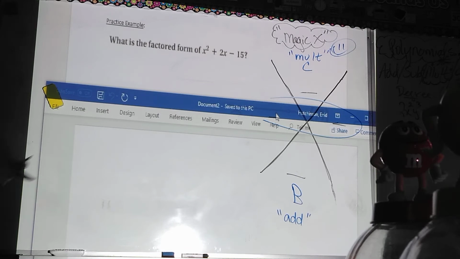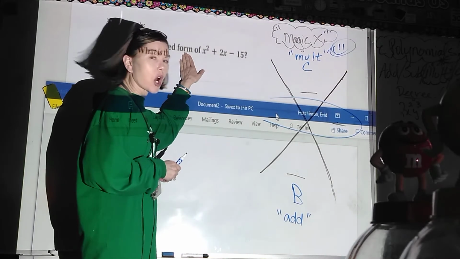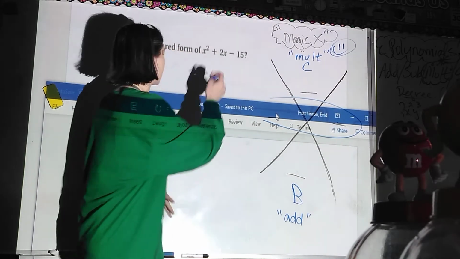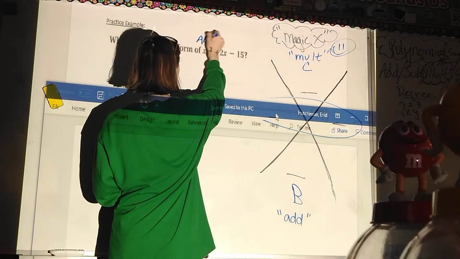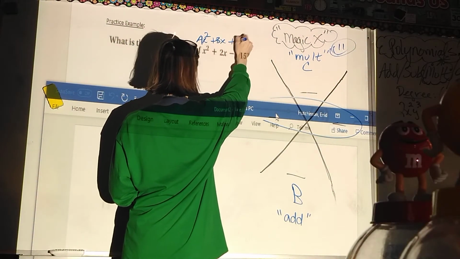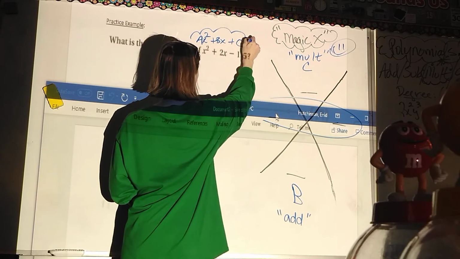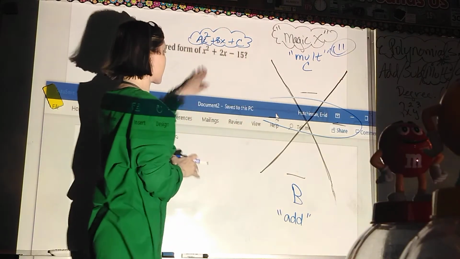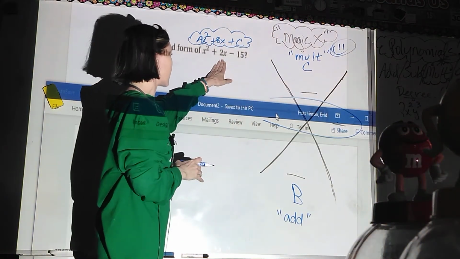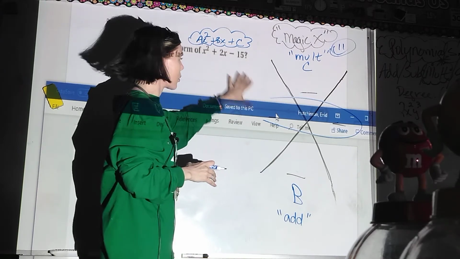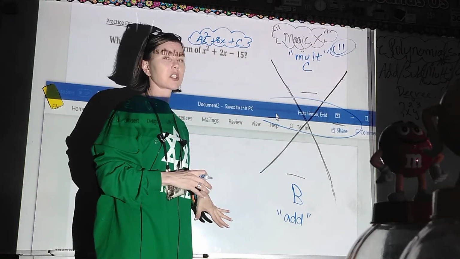What is the factored form of this? Here's our ax squared plus bx plus c. Keep in mind, this is our a term, this is our b term, this is our c term, so we know how to fill in the magic x.